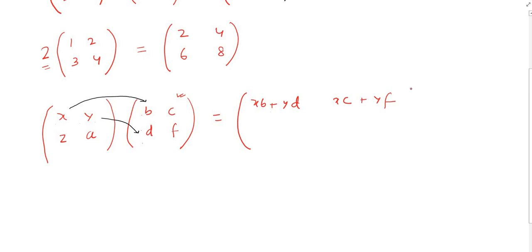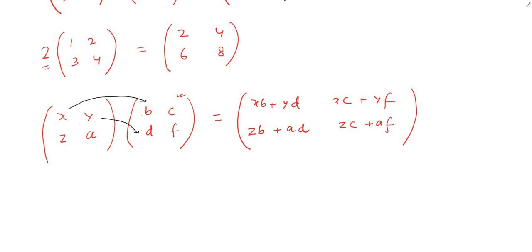Now similarly, when we talk about this particular element, it will again do the same thing. So zb plus ed, and here it will be zc plus af. Hope it makes sense.